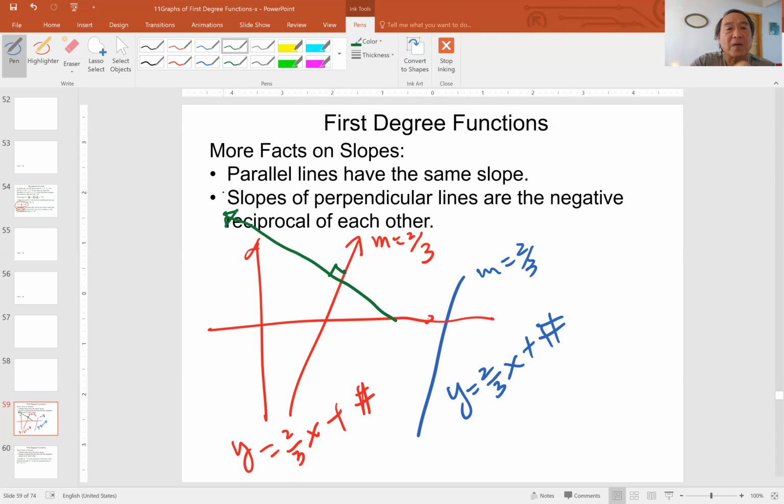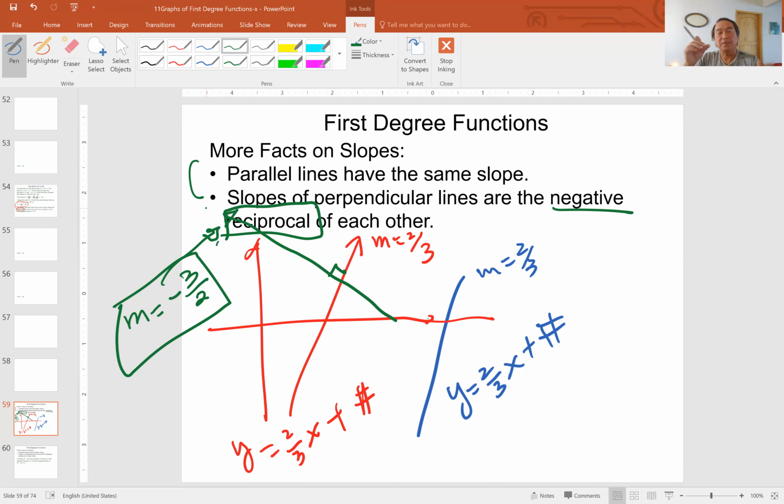All these are very important mathematical tools. So what's the slope of this green line that's perpendicular? Well, it's the negative reciprocal. So I reciprocate and change the sign. Negative reciprocal means flip and switch sign. That's the relationship between the slopes of perpendicular lines.